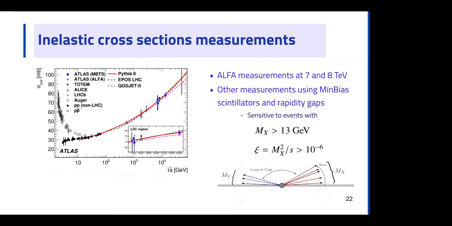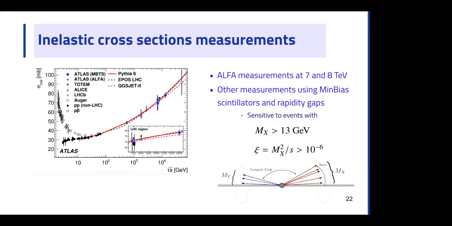The inelastic cross-section can also be compared with other measurements, and here we have not only measurements from other experiments, but also other measurements done by ATLAS with other methods, only with the central detector that is sensitive only to the inelastic part of the cross-section, not to the elastic one. So the systematics are quite different. The measurements with ALFA at these energies have much better precision than the measurements done with the central detector only.